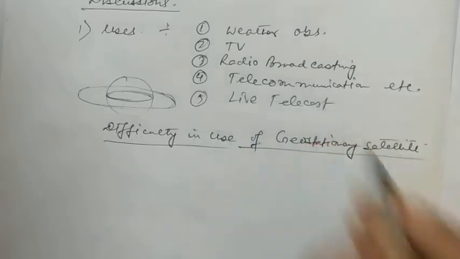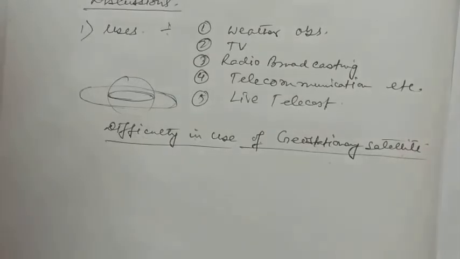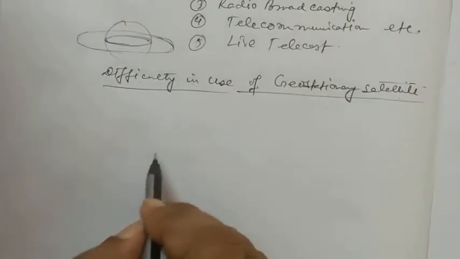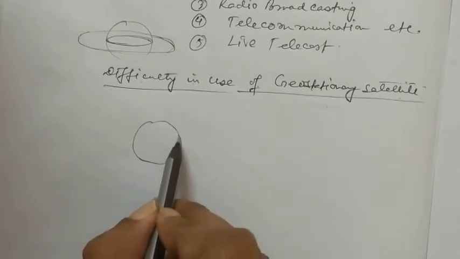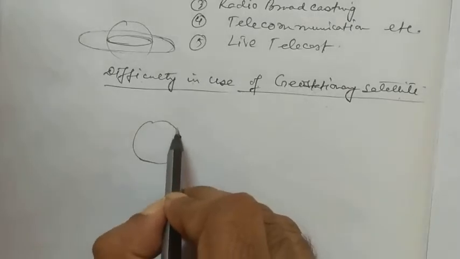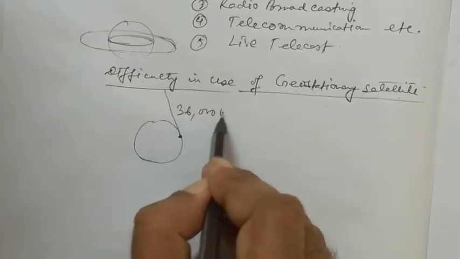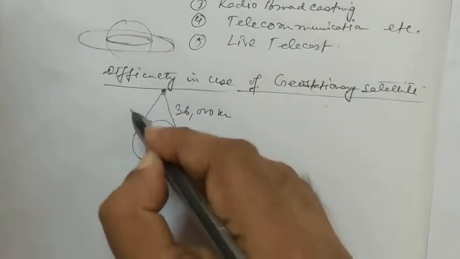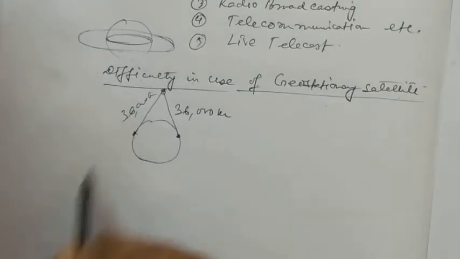Now what happens when we try to telecast a live program is that the signal, suppose this is the Earth and a live match is going on here, has to travel 36,000 kilometers to reach the satellite, and then another 36,000 kilometers down to reach the point where we are seeing the live telecast.